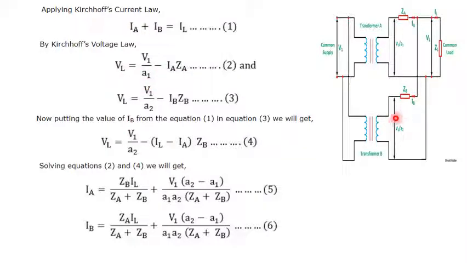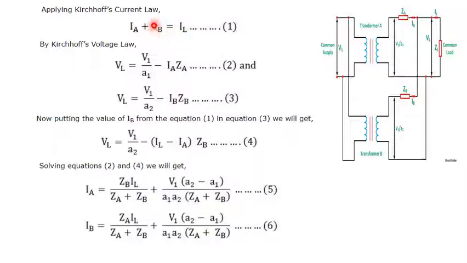Similarly, if I consider transformer B, here also this VL voltage will be the difference between the voltage across the secondary winding of transformer B and the voltage drop across the impedance. Call this equation number 3. Now in equation number 3, in place of IB I substitute IL minus IA.